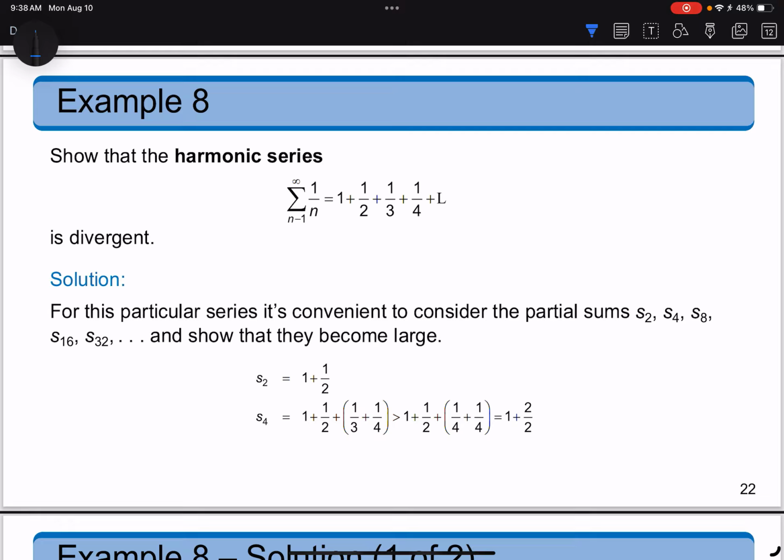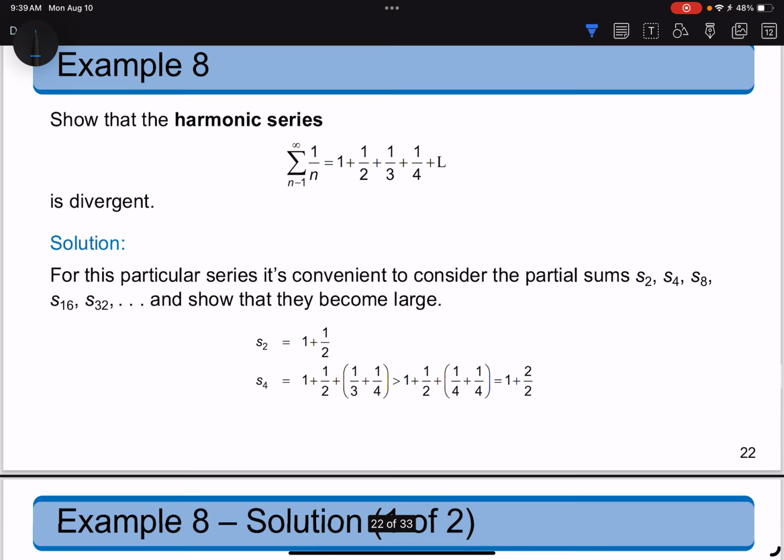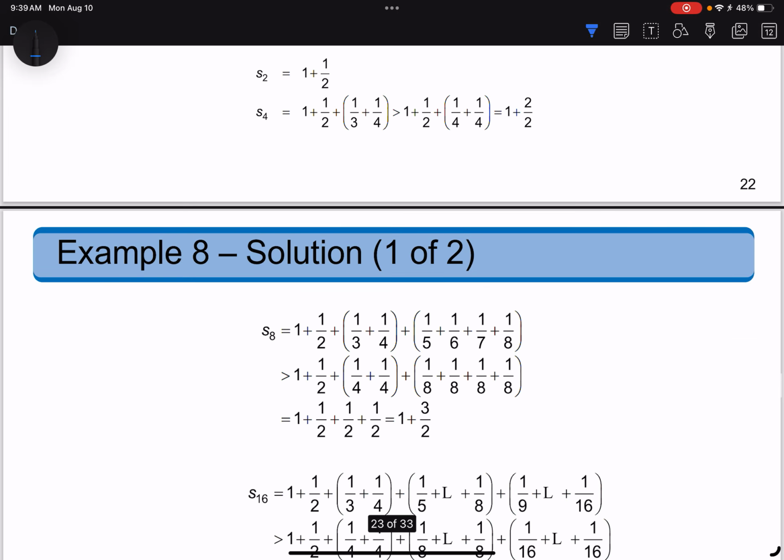So the sum for the first two terms would be 1 plus 1 half. The sum for the first four terms would be 1 plus 1 half plus 1/3 plus 1/4. The sum for the 8 terms would be 1 plus 1 half plus 1/3 plus 1/4 plus 1/5 plus 1/6 plus 1/7 plus 1/8, and so on.